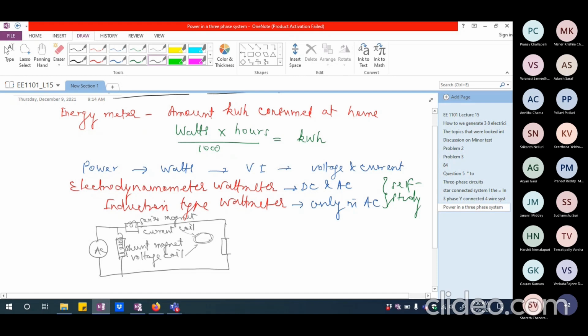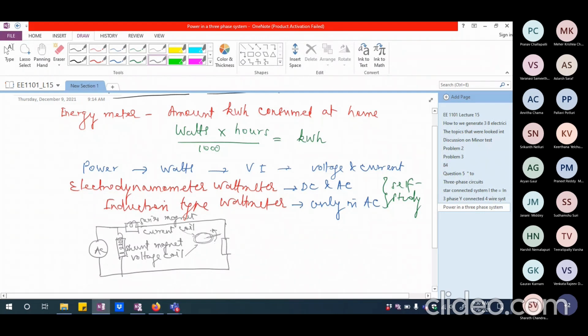Both of them are going to interact with each other, due to which the disc is going to deflect by a certain angle, depending upon what kind of force it is experiencing. The pointer would be attached to this, so the pointer deflects as per the induction taking place from the voltage coil as well as the current coil.